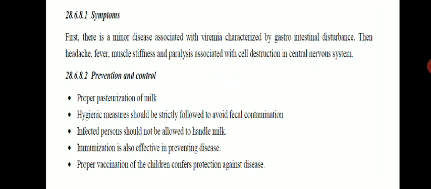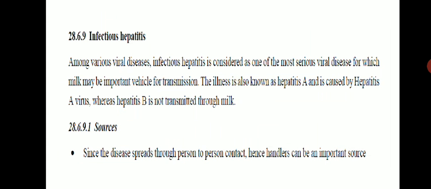Then infectious hepatitis is another important viral disease that is mostly transferred by milk. Among the various viral diseases, infectious hepatitis is considered one of the most serious viral diseases for which milk may be an important vehicle for transmission. Milk is one of the vehicles for hepatitis.